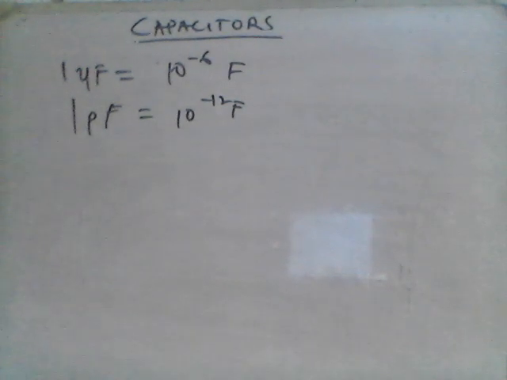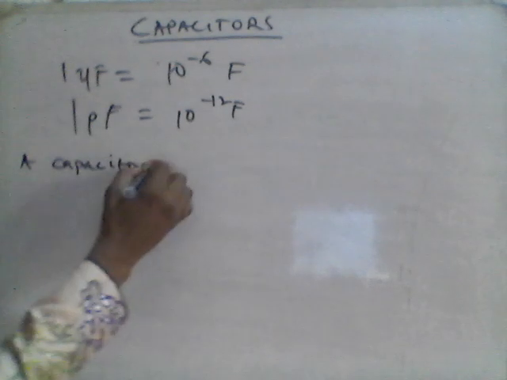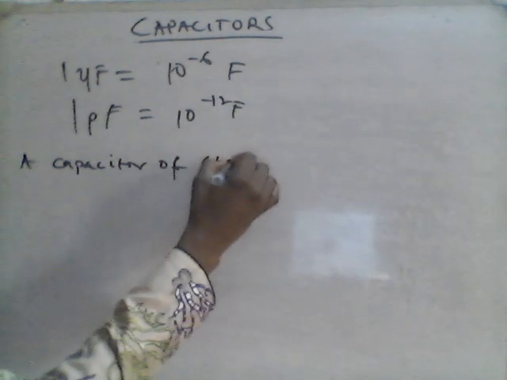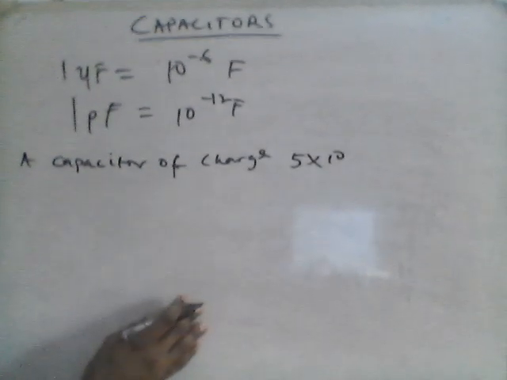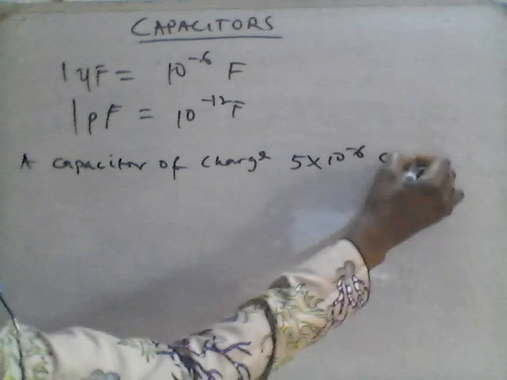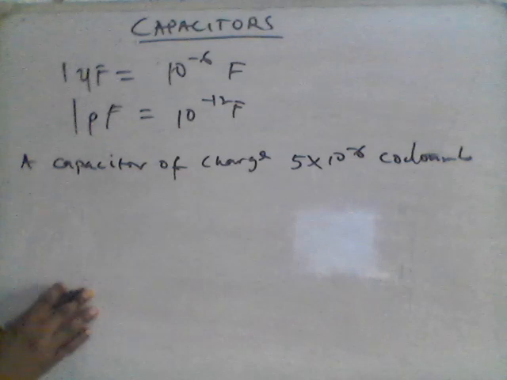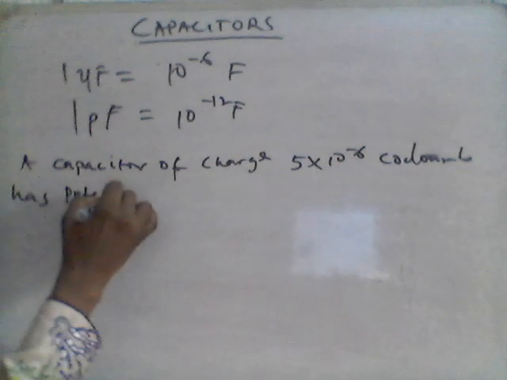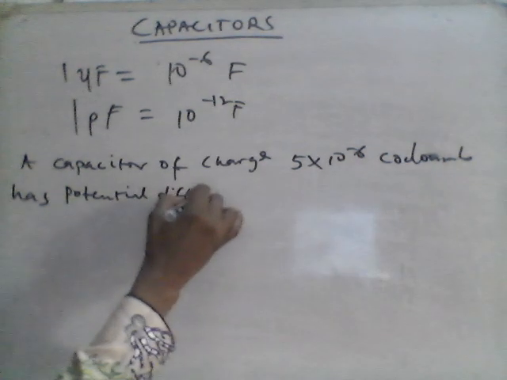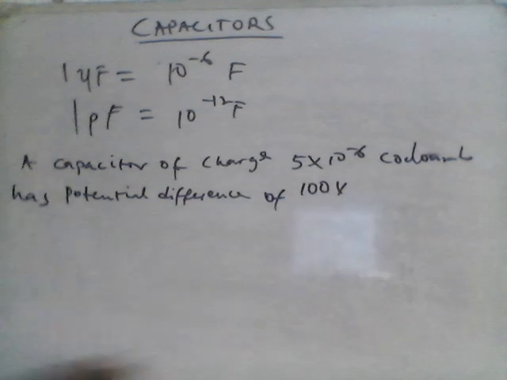So quickly, they said a capacitor of charge 5 times 10 to the power minus 6 coulomb has a potential difference of 10 volts. What is the capacitance of the capacitor?